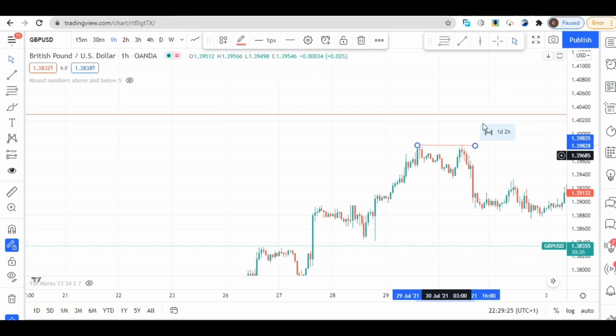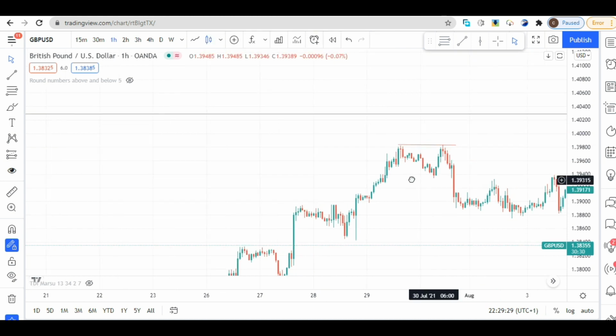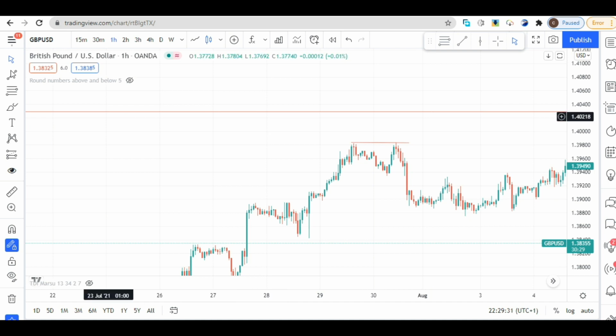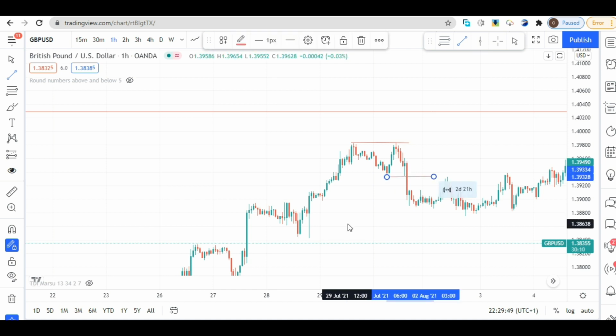You can see some clean highs here, and as we said in the video, anytime you see clean highs forming, you wait for a break, and you take your trade below this neckline.